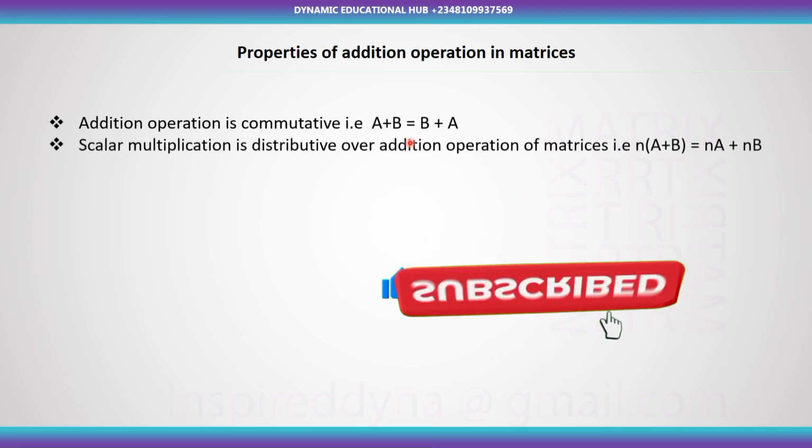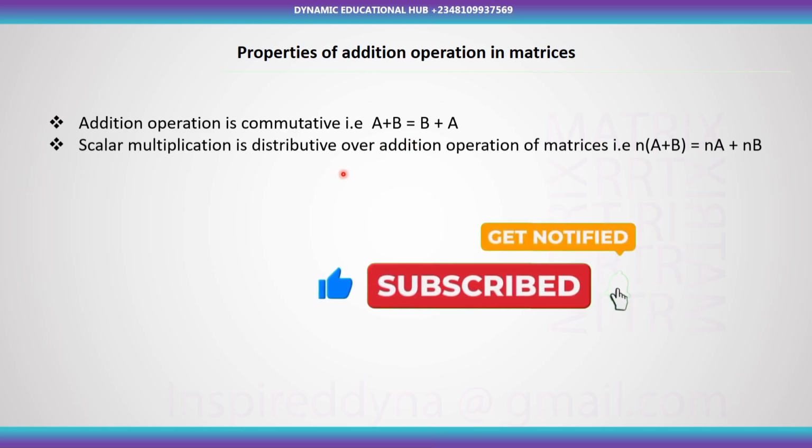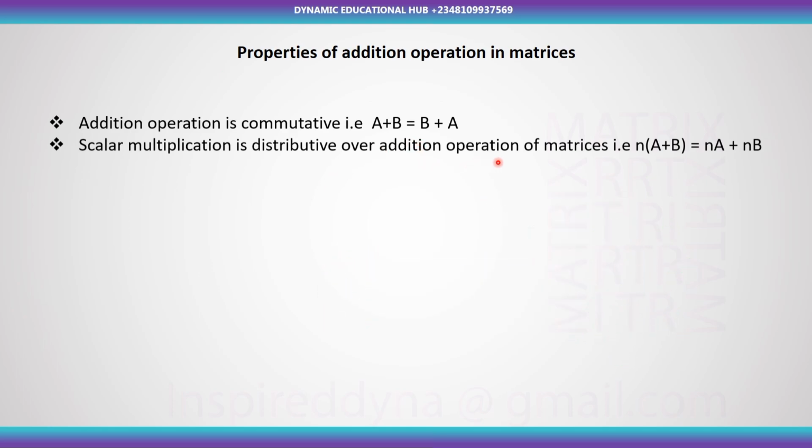Now scalar multiplication is distributive over addition operation of matrix. Now we talk about scalar multiplication of matrix. If you have a scalar, which means a constant, a number, and you have two matrices you are adding together, you can use this n to expand the addition operation.